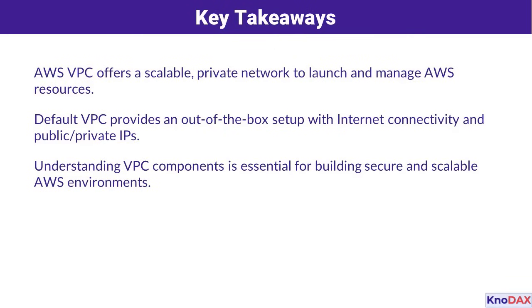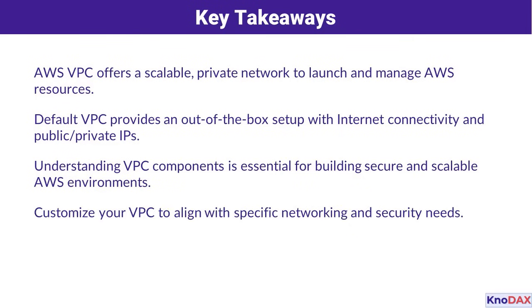Third, understanding the various components of VPC, such as subnets, route tables, and internet gateways, is essential for creating secure and scalable network architectures. Finally, customizing your VPC gives you greater control and flexibility, allowing you to tailor your network to specific security, scalability, or performance requirements.